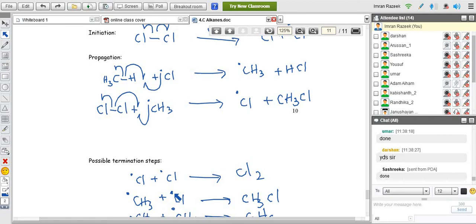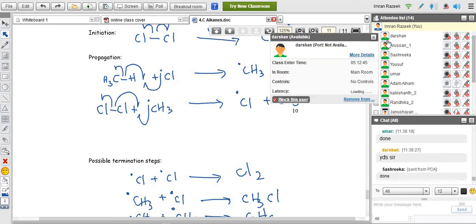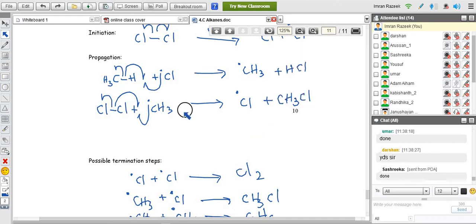If I substitute two hydrogens, how many propagation steps will be there? If there are two propagation steps for one hydrogen, for two hydrogens, how many propagation steps will be there? Yeah?